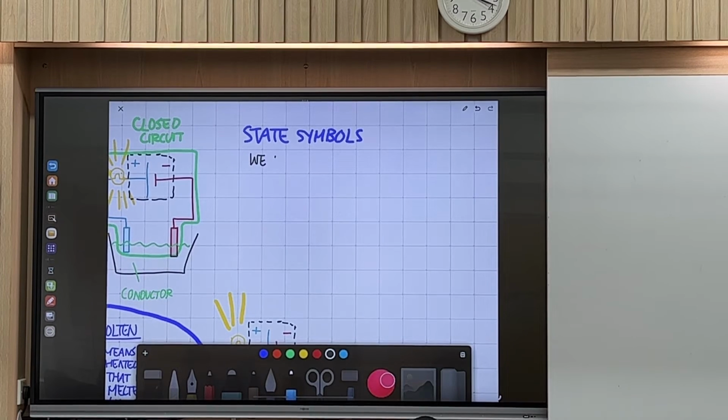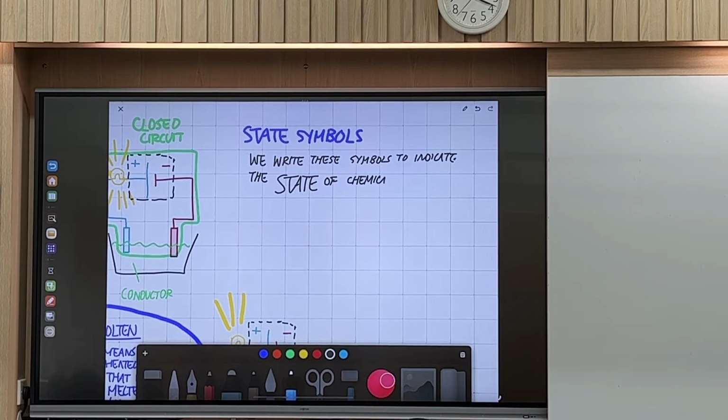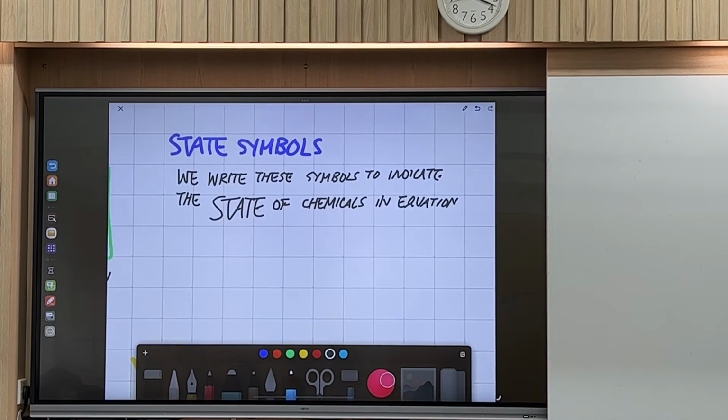So we write these symbols to indicate the state of chemicals in equations. There are 4 state symbols that I want you all to familiarize yourself with.